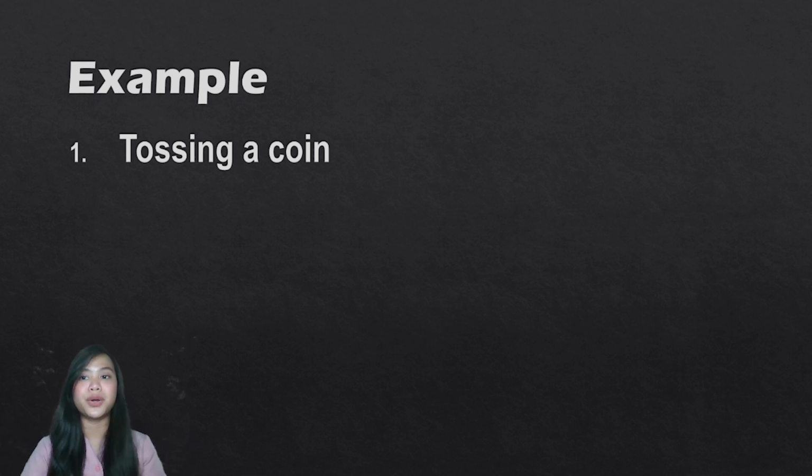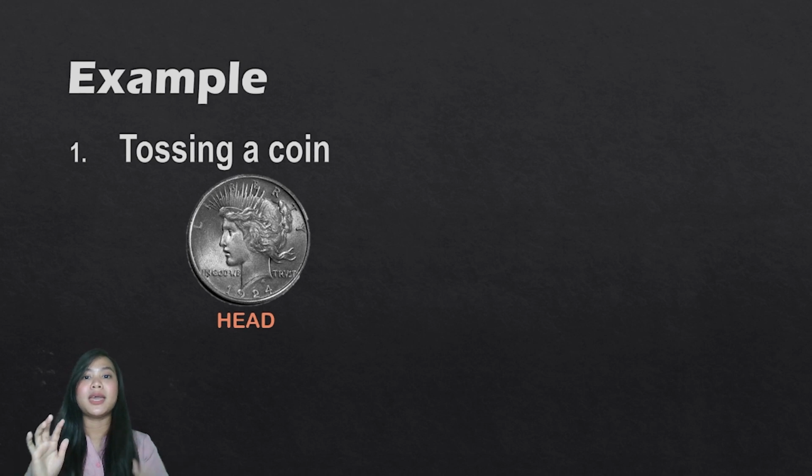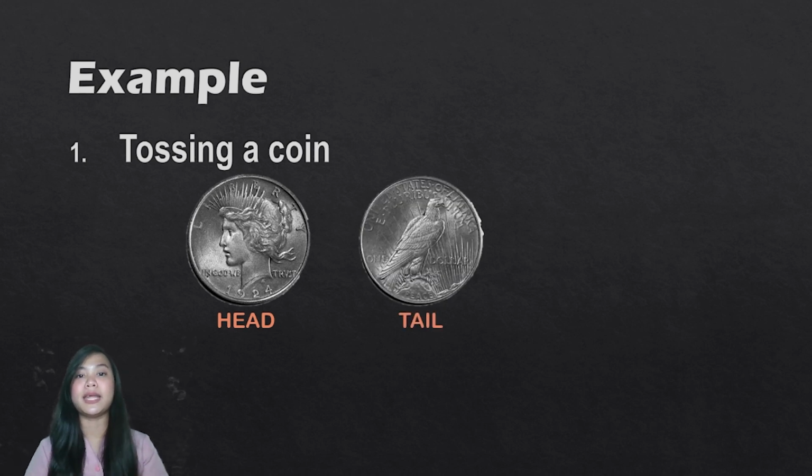In tossing a coin, your coin has a head and a tail. The head and the tail are the two possible outcomes when we toss a coin.